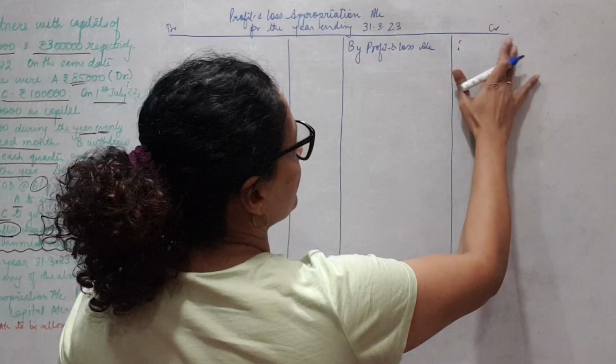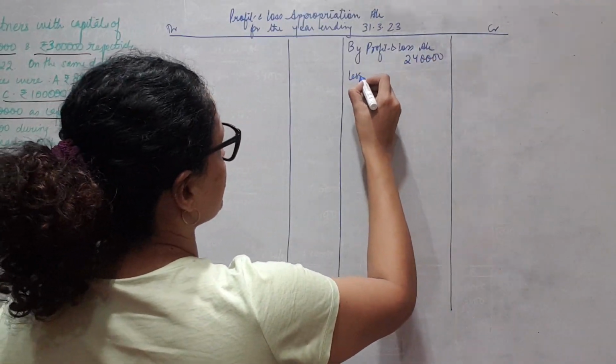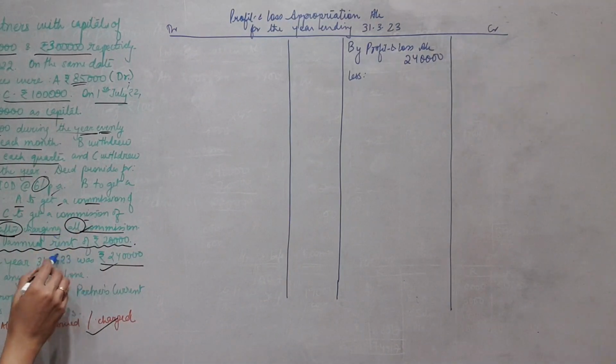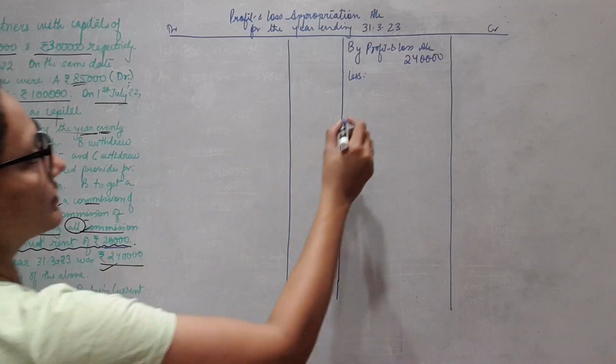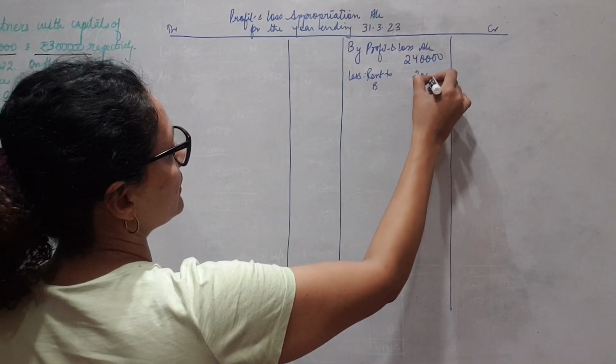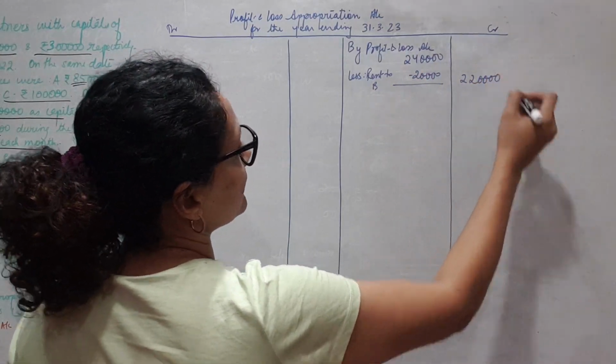Okay, this was 2,40,000, but we have rent to subtract. We're supposed to give rent to B, 20,000. Here only I should show it as a subtraction to get the correct net profit.